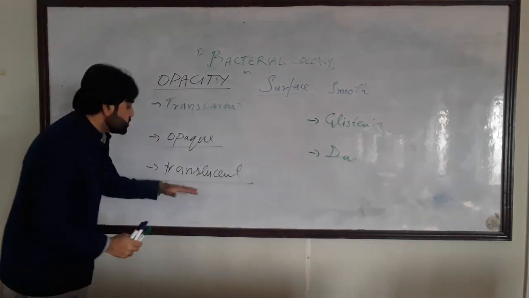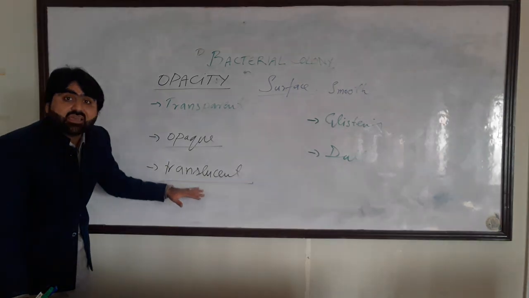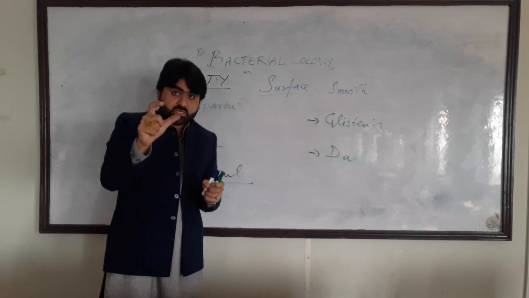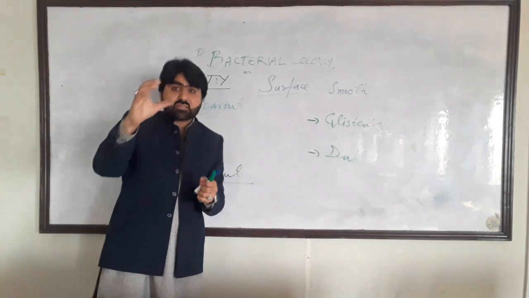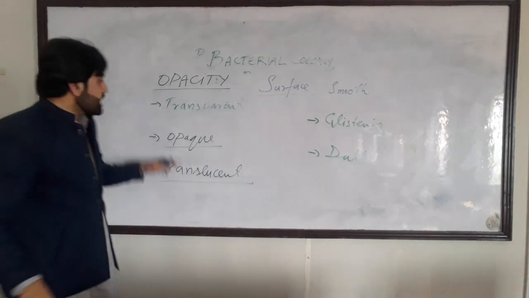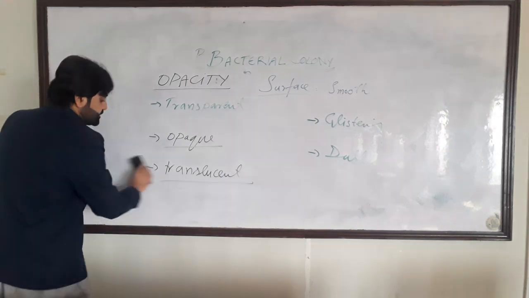So you can look through a translucent colony like this, like looking across glass which is frosted. You can see a very faded structure behind the colonies which is not very clear. So these are the three most common opacities of a bacterial colony.